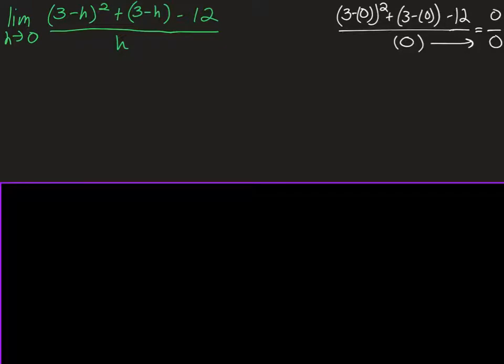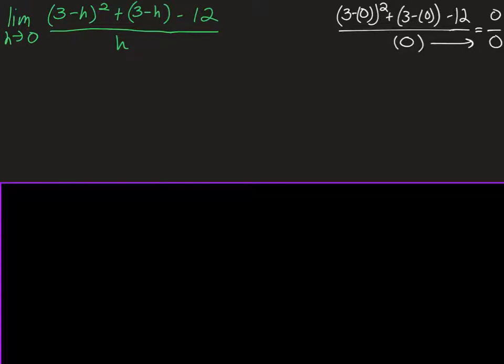All right, here in this example, I'm thinking I'm going to have to use some more elbow grease. And my clue is that I have a single term down here in the denominator. It's just h. And the single term also happens to be the variable that is being used in this limit. That being said, how are you supposed to figure this limit out?